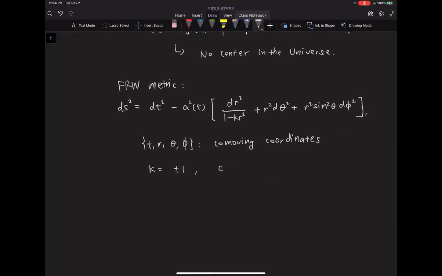When k is equal to +1, it is a closed universe, k equal to -1, it is open, and k equal to 0, this is flat. So this k describes the spatial curvature.